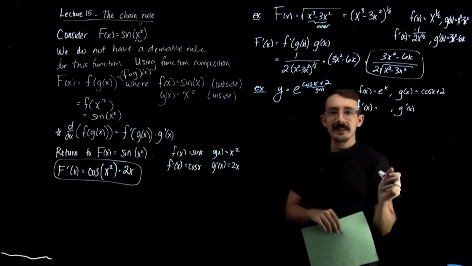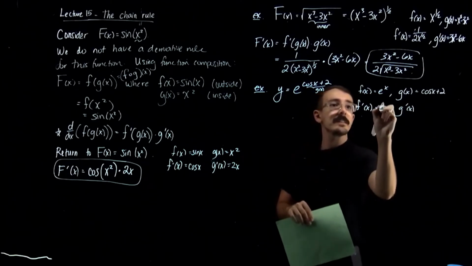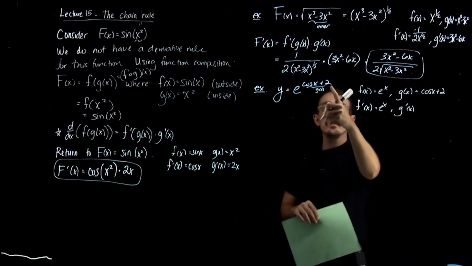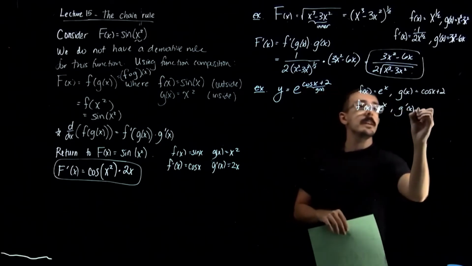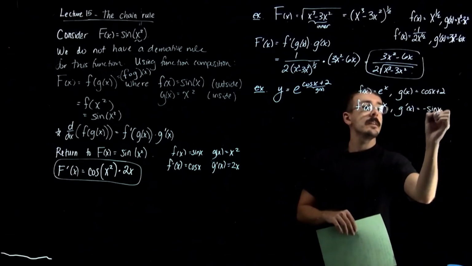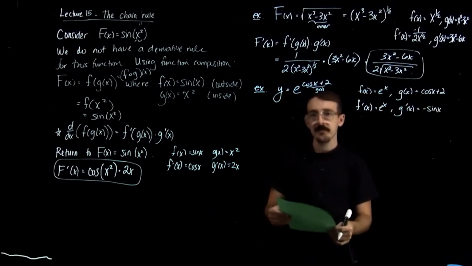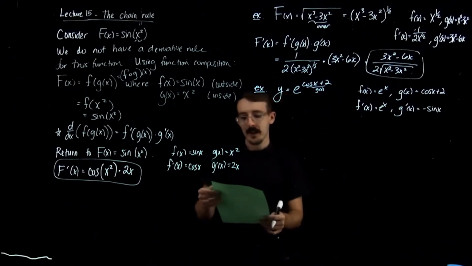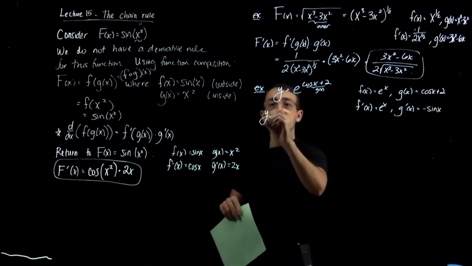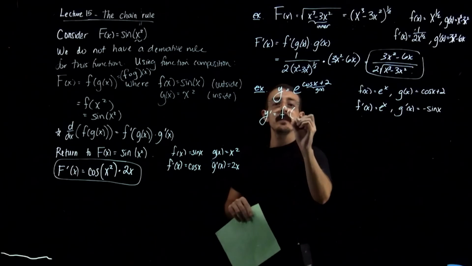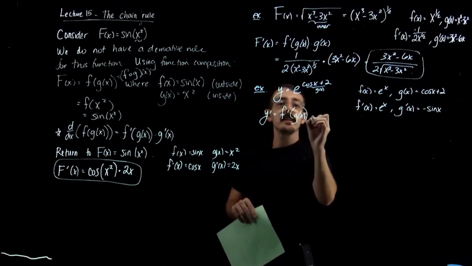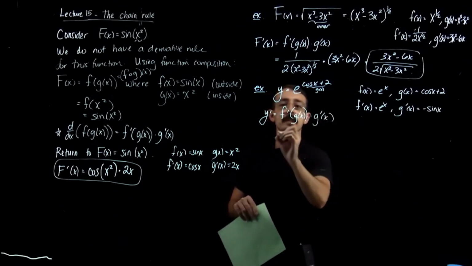The derivative of e to the x, which is very nice, is just e to the x. And the derivative of cosine x plus 2 is negative sine x. And that's it, because the derivative of 2 is just 0. All right, so I'm going to go ahead and plug everything in now. So y prime is the derivative of f at g times g prime of x.